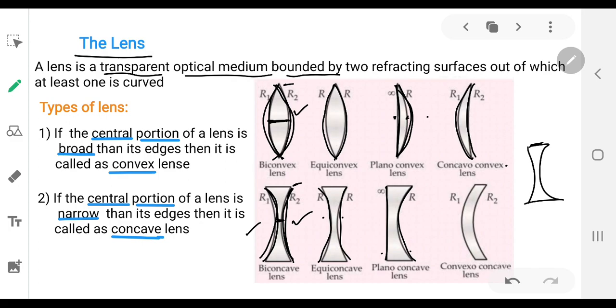And if one refracting surface is convex and another refracting surface is concave, then it is called a convexo concave lens. So these are the types of lenses, mainly classified into convex and concave. Then, depending upon the curvature of both the surfaces, they are subclassified.